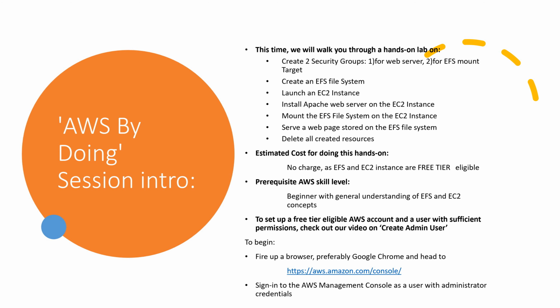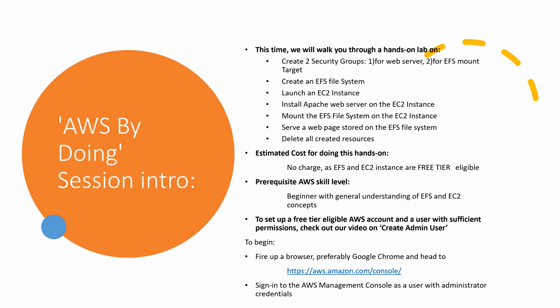The estimated cost for doing this hands-on is no charge, as EFS and EC2 instance are free tier eligible. The prerequisite AWS skill level is that of beginner with general understanding of EFS and EC2 concepts.